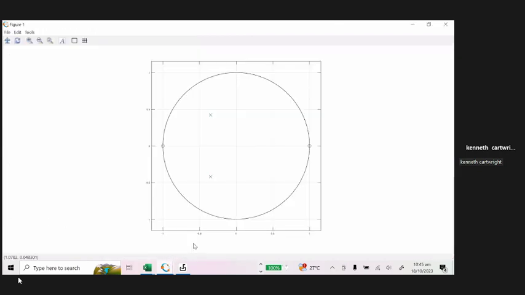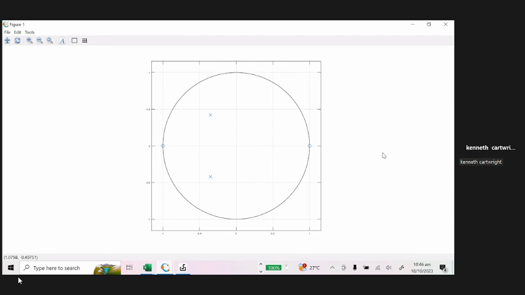And there's my full zero plot. And you notice this big circle. What do you notice about this circle? And what plane is this?